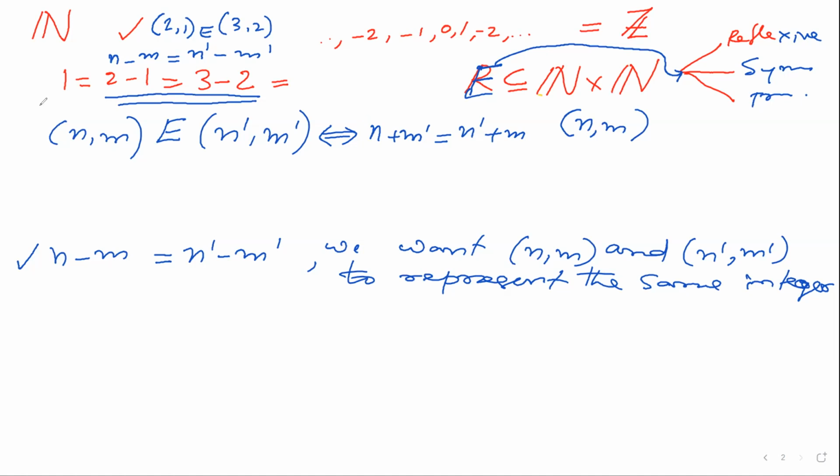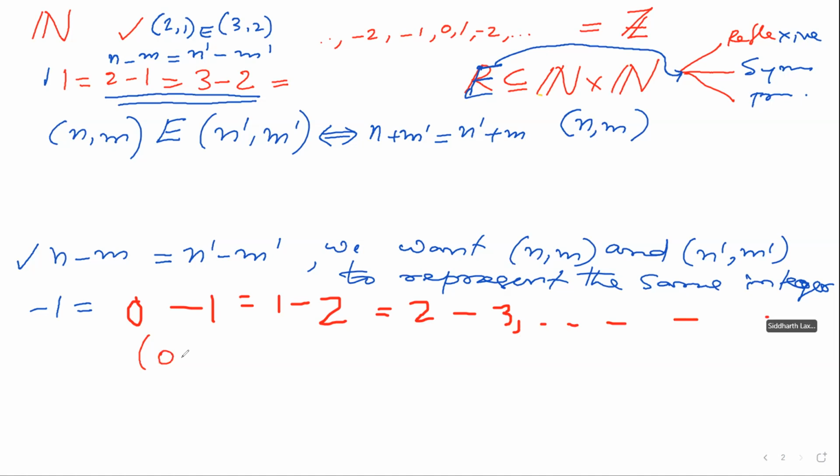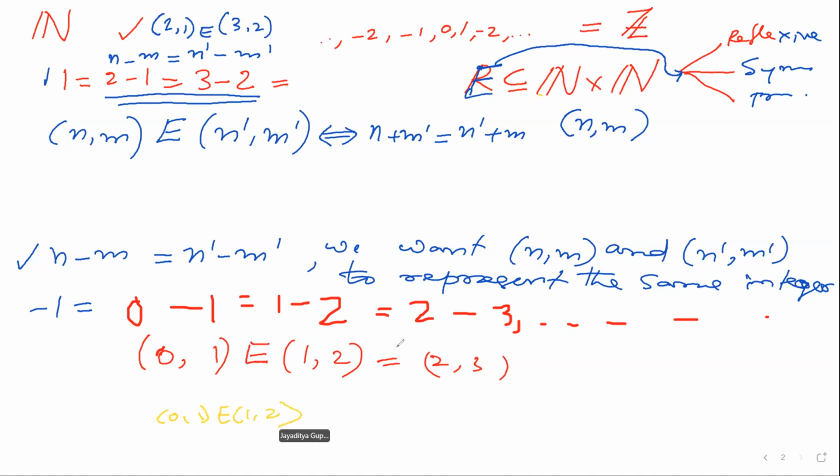So that way I can represent 1. On the other hand, now I can represent minus 1. How? (0, 1), all kinds of them. And that is what? (0, 1), (1, 2), (2, 3). Oh, I made a mistake. E-related. Are you with me?